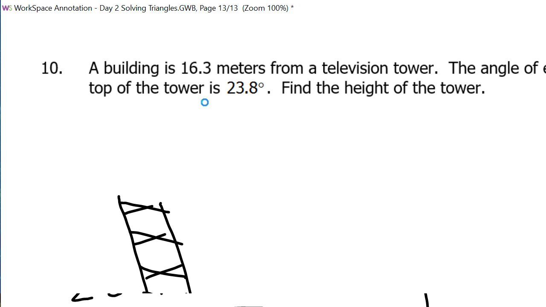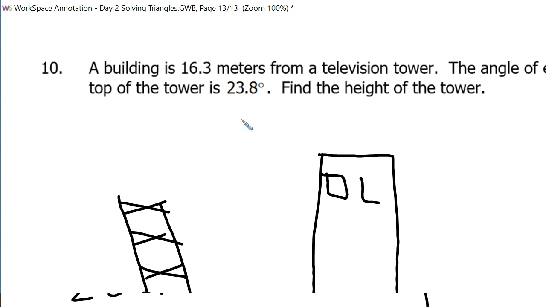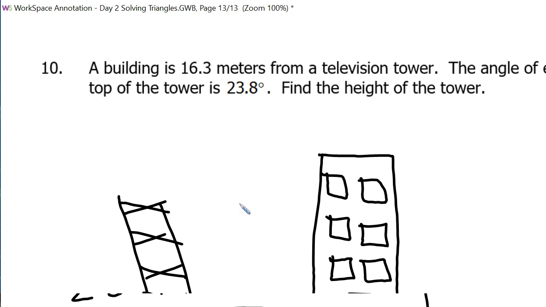And we have a building that's 16.3 meters away from it. The distance from the television tower to the building, they said is 16.3 meters. What else did they tell us? The angle of elevation to the top of the tower.